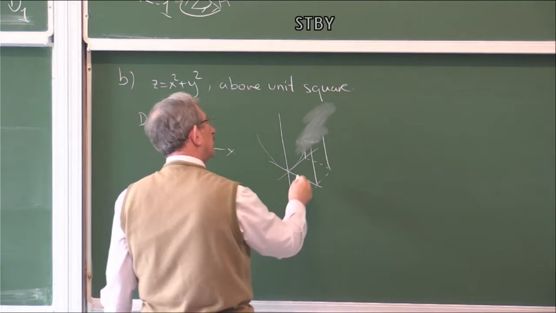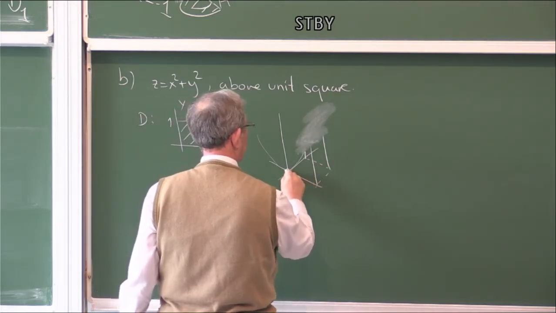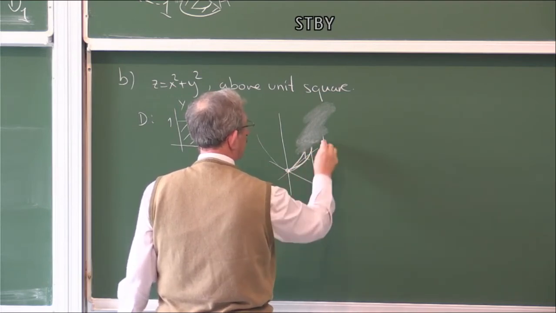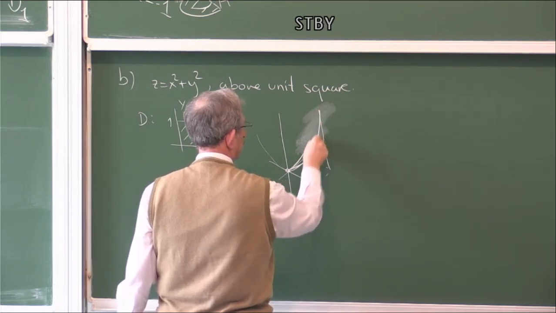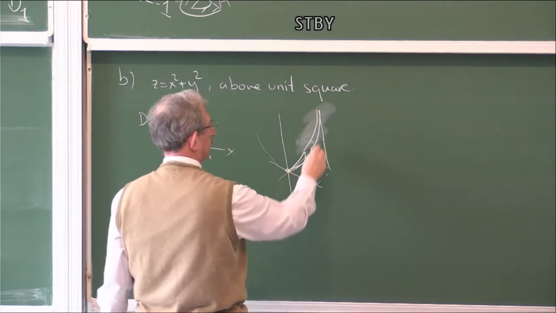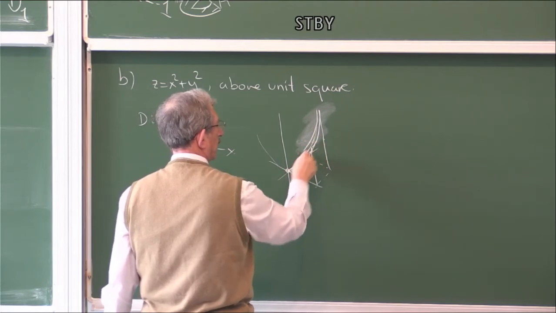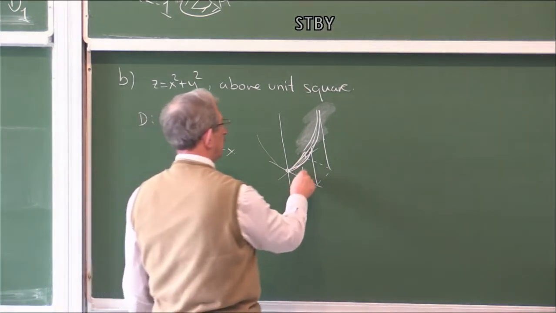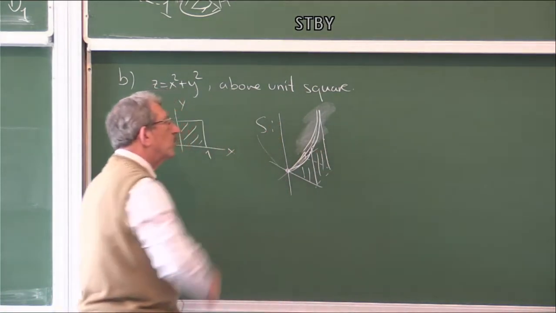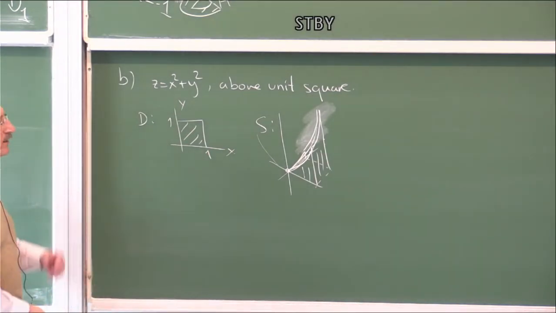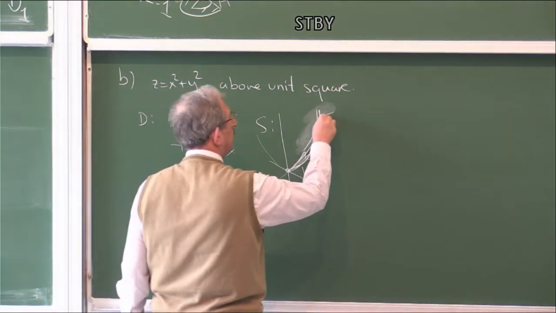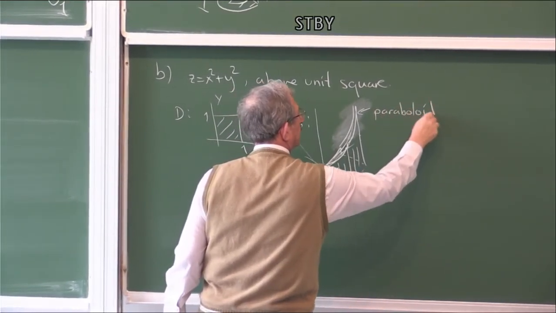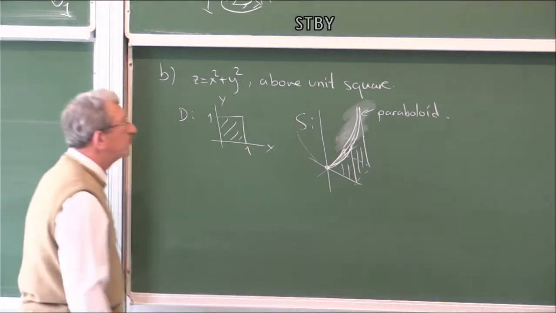So that would move from here on up to this point, up to this point, and finally up to this point. So something like this. So this would be the solid whose volume we are calculating. At the top, we have the paraboloid. At the bottom, we have the unit square.